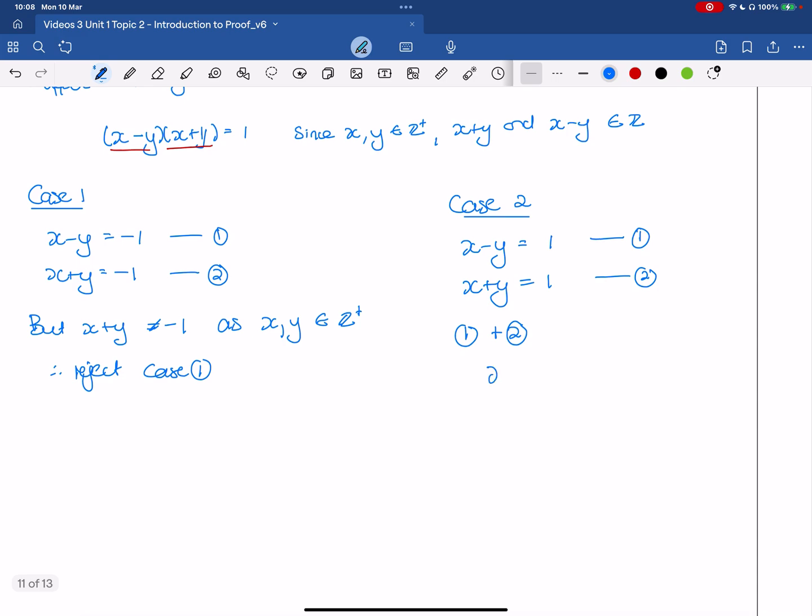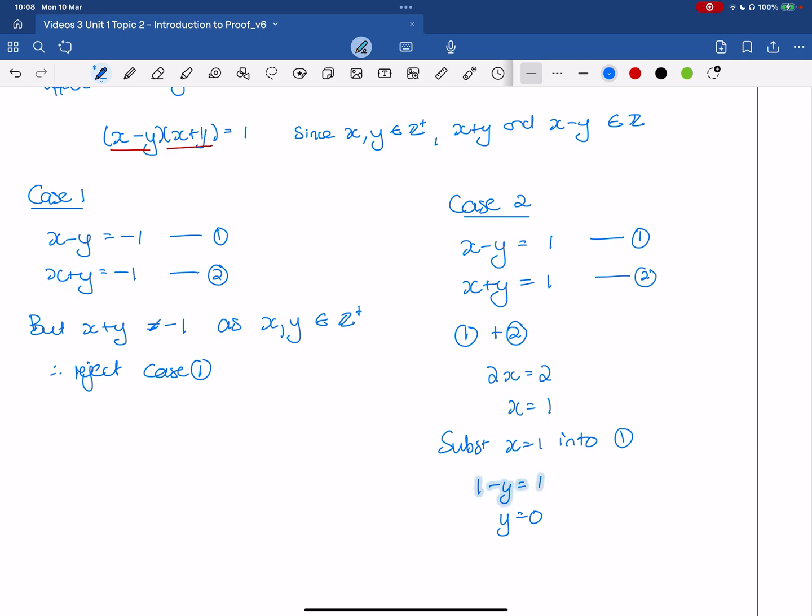So I have 2x is equal to 2 and x is then equal to 1. And if I substitute x equals 1 into equation 1, what I get is 1 minus y equals 1 and y equals 0.